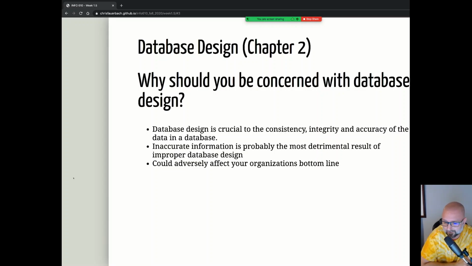It could be regulatory audits that are given the wrong data, which could result in fines or punishments by a regulatory agency. So the reason we go through all of this design process before we even touch an actual database is to make sure we know how to design them well for all of the different scenarios we'll be hitting with our databases.